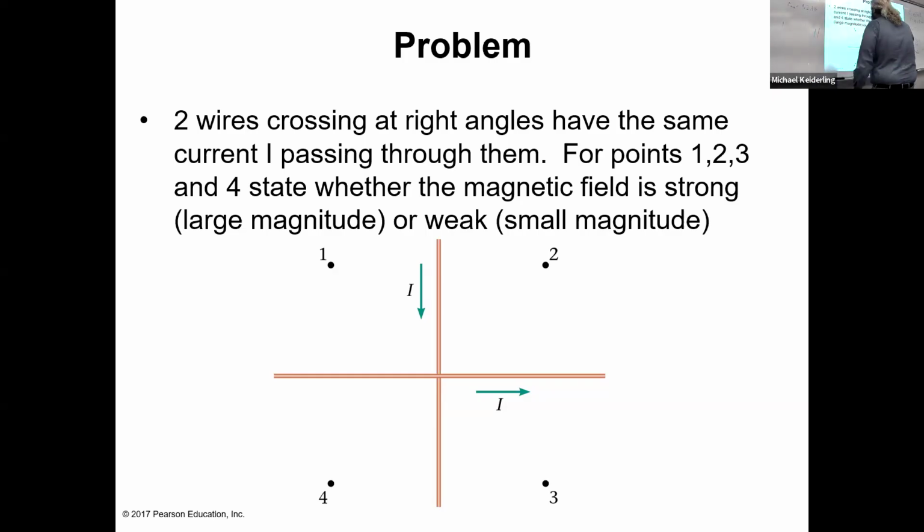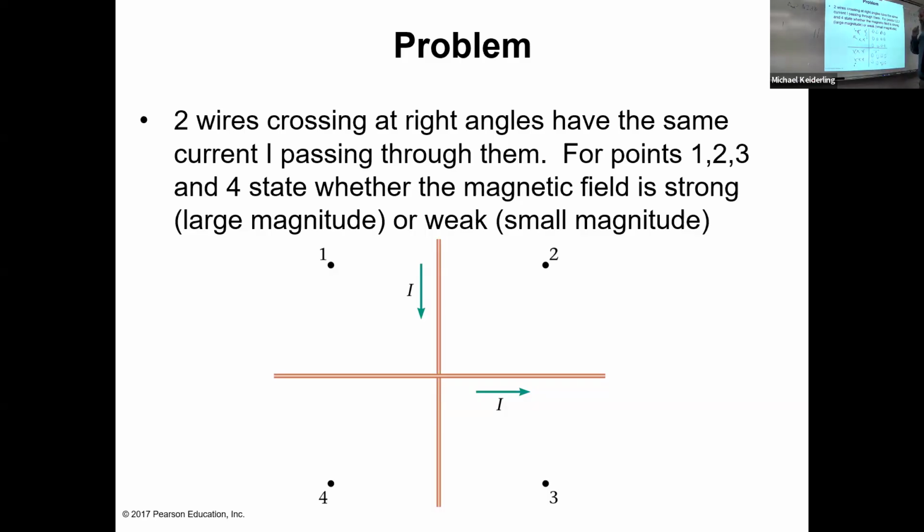So for the vertical wire, the magnetic field of the vertical wire, I'll draw it in red, is going into the board over here, and out of the board over here.